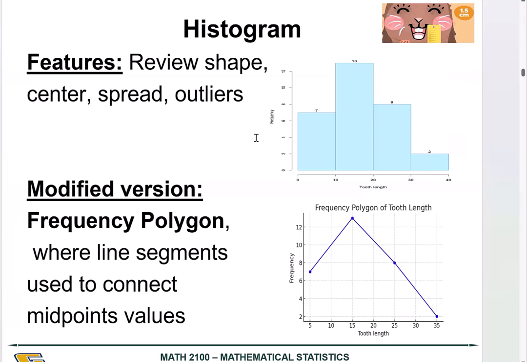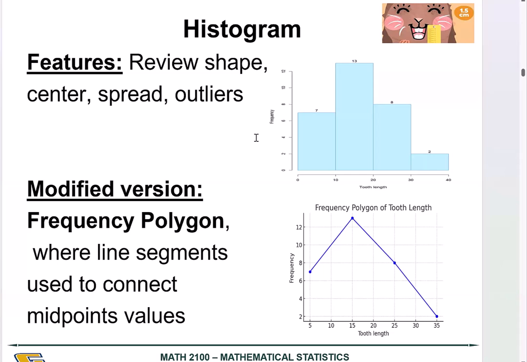When you look at data, you see where the center of the data is, how spread out it is. So this data seemingly doesn't spread much. And outliers, say if you have maybe one being big, where the teeth length is maybe 100 millimeters or something. But in this case, I don't see this kind of phenomenon.